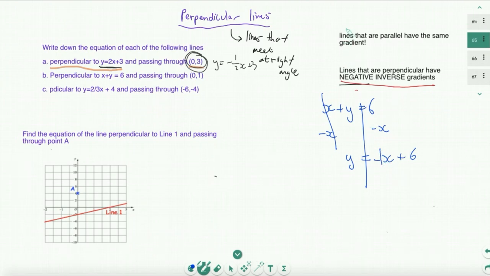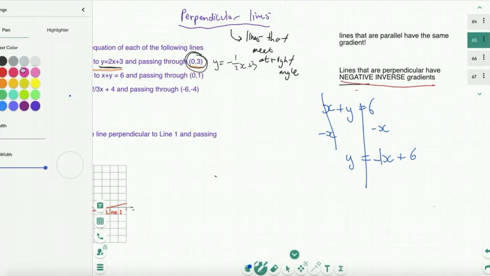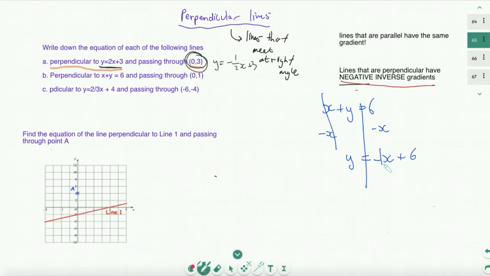So we have to find a line perpendicular to this line. Well, if the gradient of this line is negative 1, the perpendicular gradient, if it's negative, is going to become positive, and 1 as a fraction is 1 over 1. The opposite of 1 over 1 is just 1 over 1, which is simply just 1. So the gradient is just going to be 1x plus c. Now we have to find the y-intercept, so we just plug in (0, 1) into our equation.